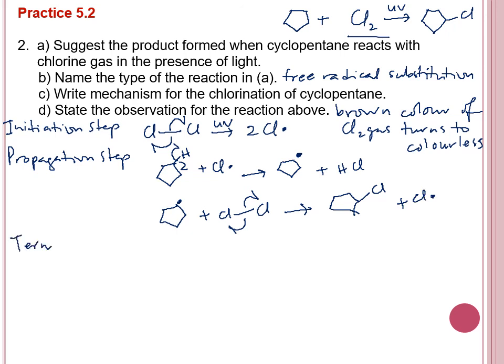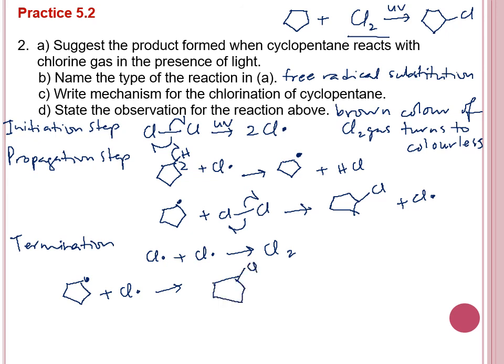Okay. Now termination has 3 steps. Okay, step number 1 is chlorine free radical plus chlorine free radical become chlorine molecule. And then the step where we have the free radical of cyclopentane with Cl free radical, we are going to produce chlorocyclopentane. And finally, this is the interesting part, where we are going to add together 2 cyclopentane free radicals.